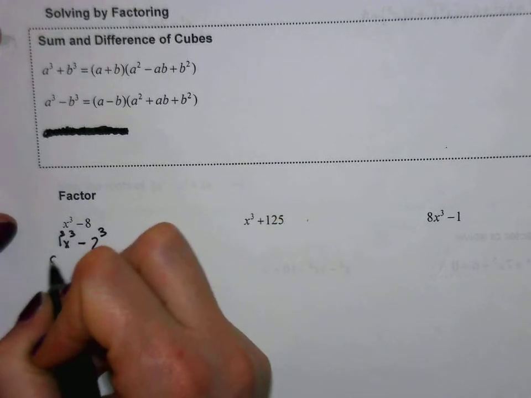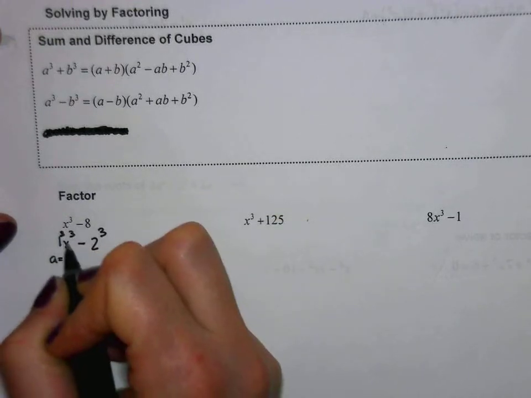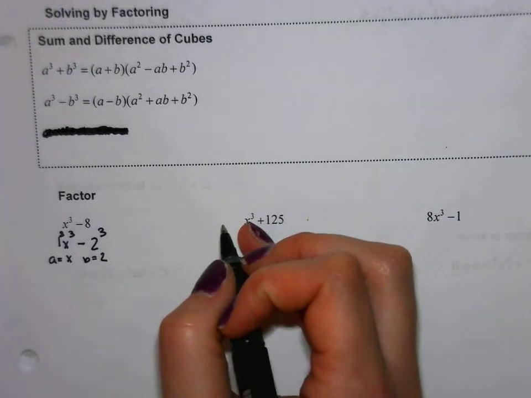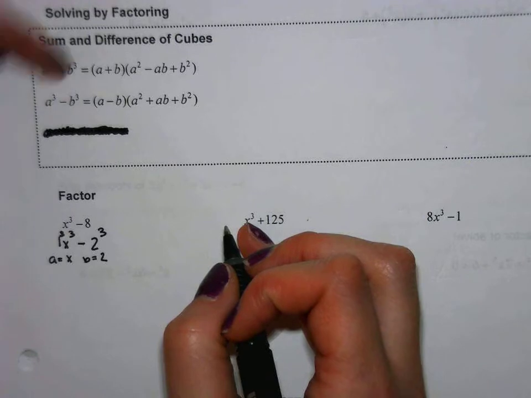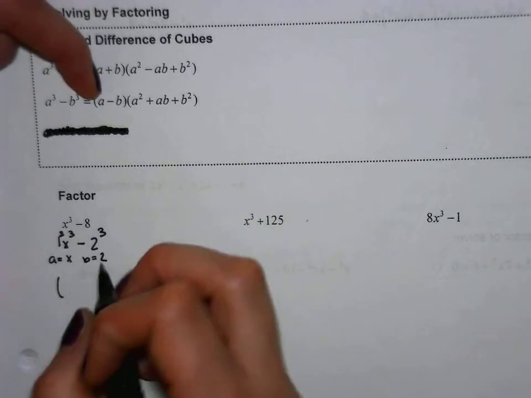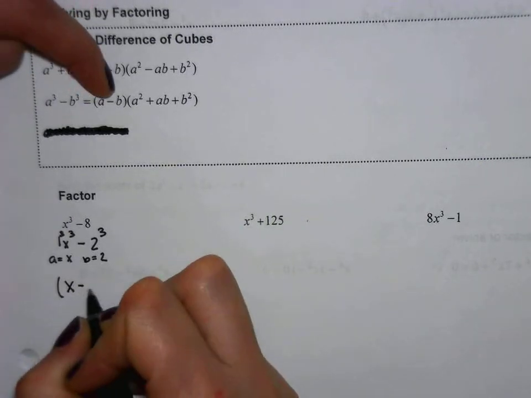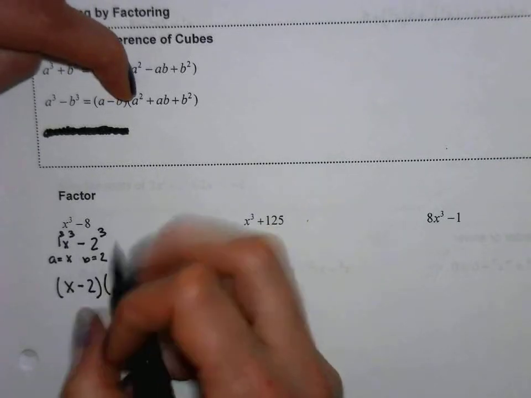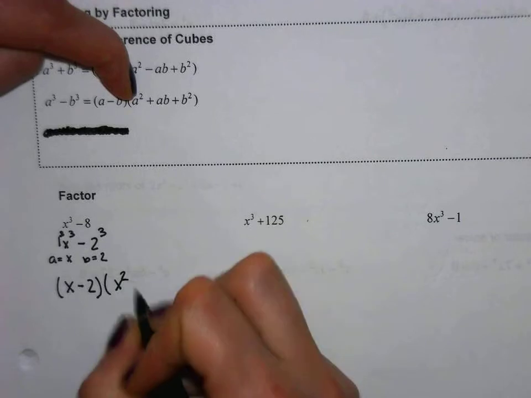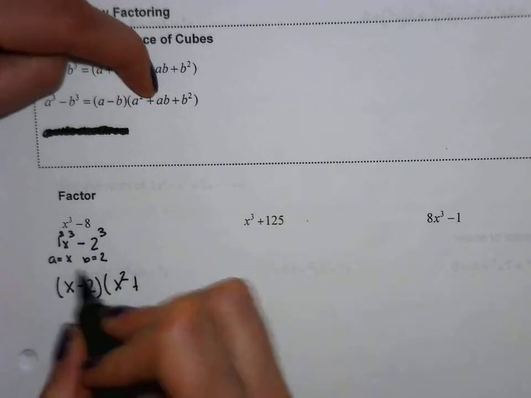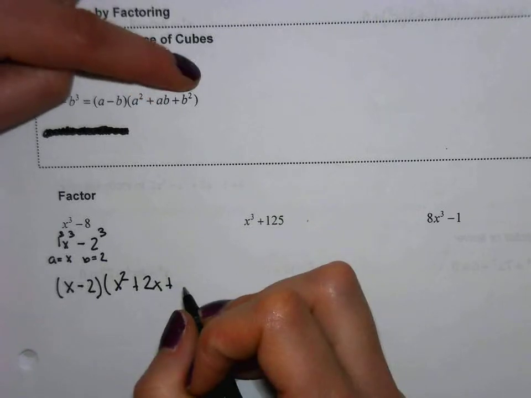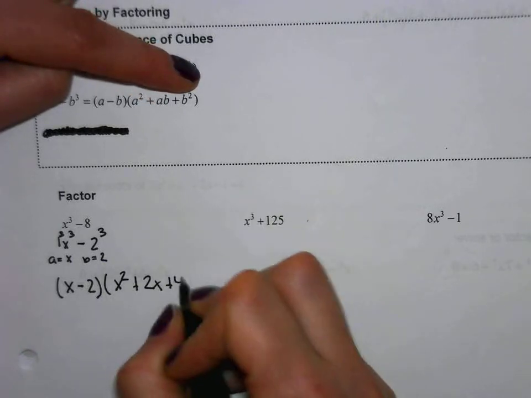So that means our a value equals x, and our b value equals 2. So when we plug this in, we're using the minus, so right here, our a value is x, minus our b value, which is 2. So a squared, which is x squared, plus a times b, so x times 2 is 2x, and b squared, which is 2 squared, is 4.